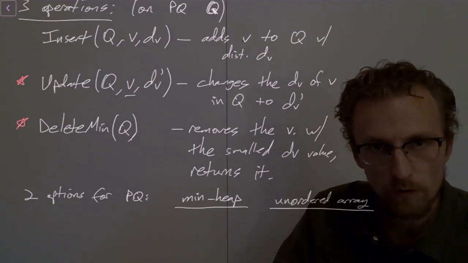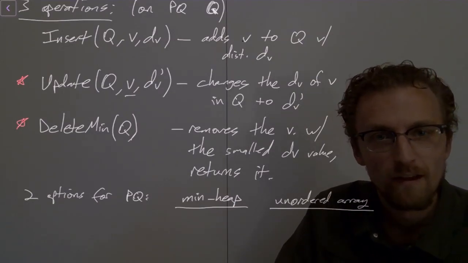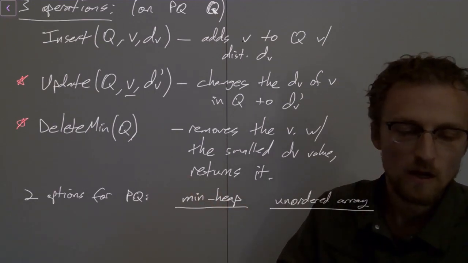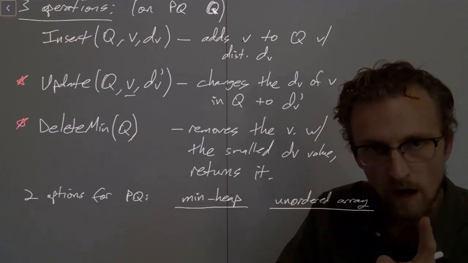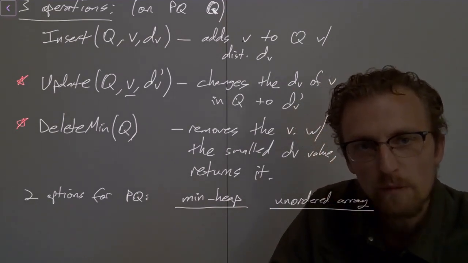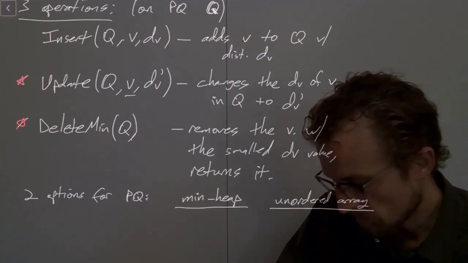In an unordered array, if we want to remove something, like if we want to run the delete min operation, we have to go through the entire array and find the smallest thing. So let's start by thinking about the time complexity of delete min.